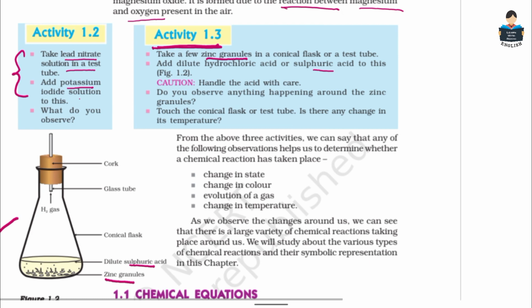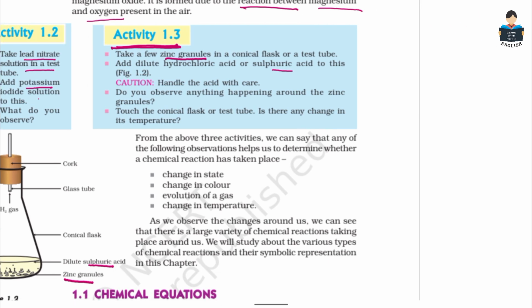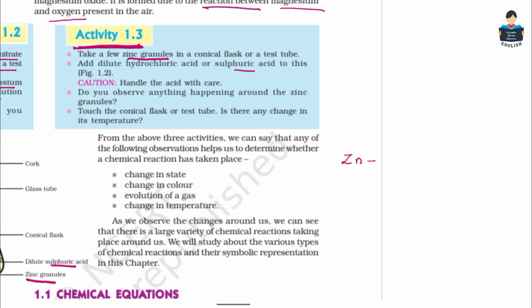Here we can see the chemical reaction as zinc plus HCl gives zinc chloride plus H2 plus heat. When zinc reacts with hydrochloric acid, we get zinc chloride and hydrogen gas.